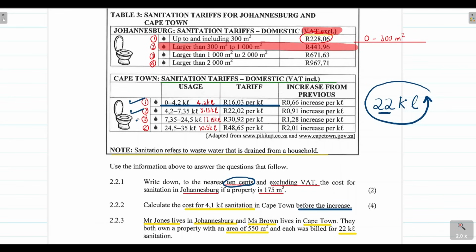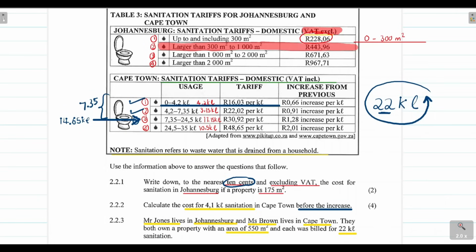So here we need to figure out that if in these first two blocks we've already used 7.35 kiloliters, how many more kiloliters do we need to get to 22 kiloliters? You just need 22 minus 7.35 kiloliters. That means that in this third block, we will only take 14.65 kiloliters.